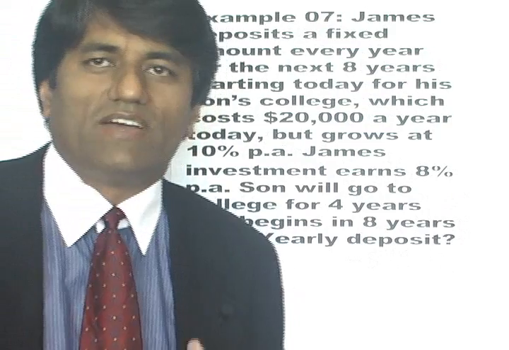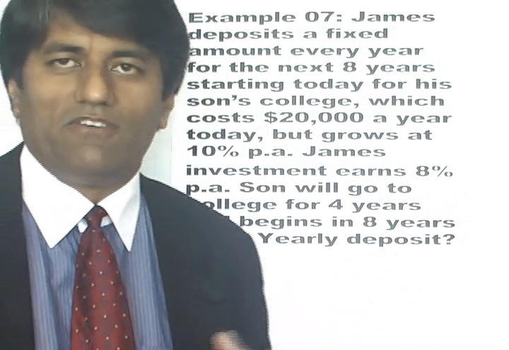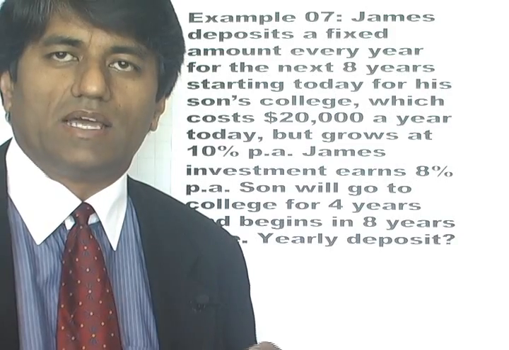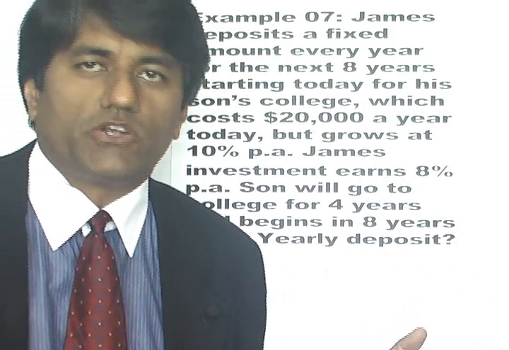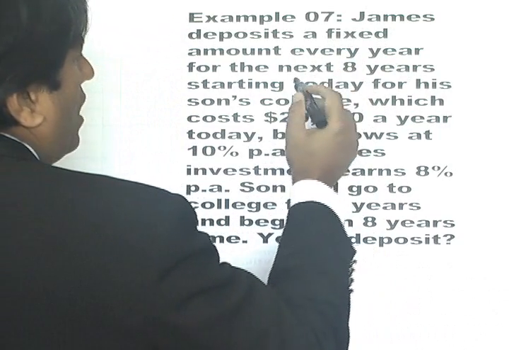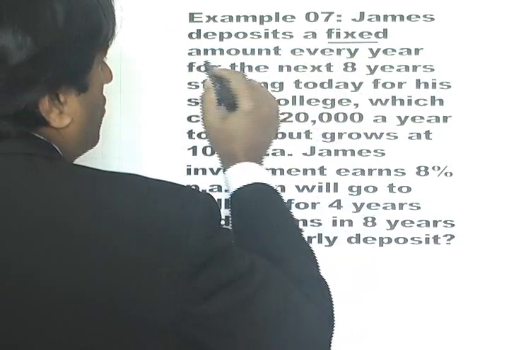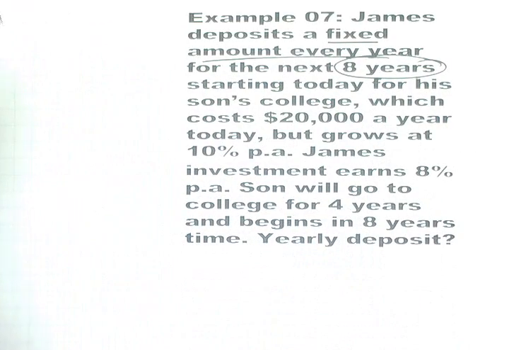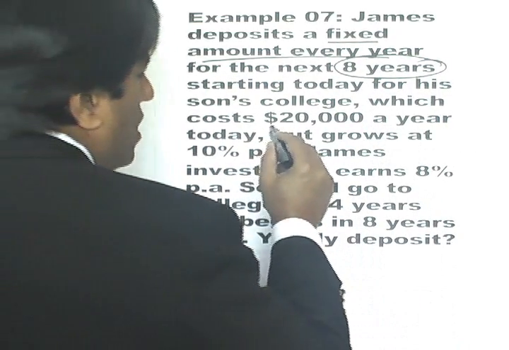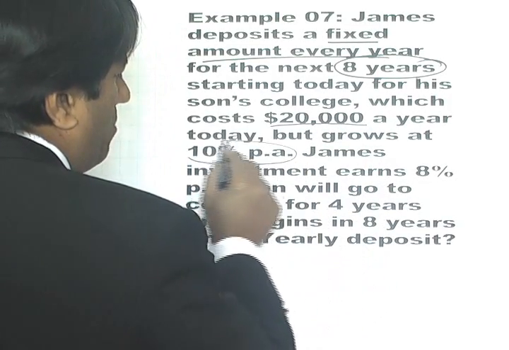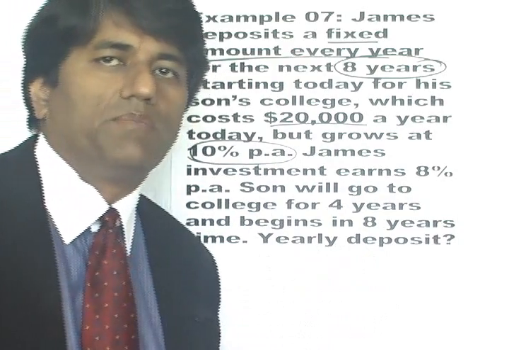Here we have a question where a father is trying to decide how much to deposit to pay for his son's future education. James wants to deposit a fixed amount every year for the next 8 years. The college currently costs $20,000 a year, but the cost of college is going to grow at 10% per annum.